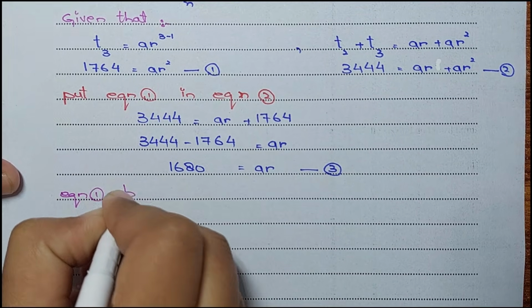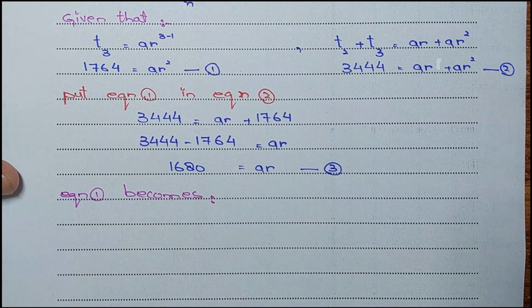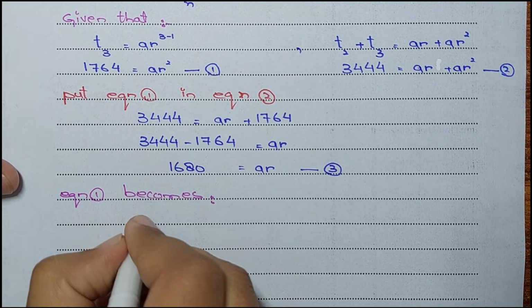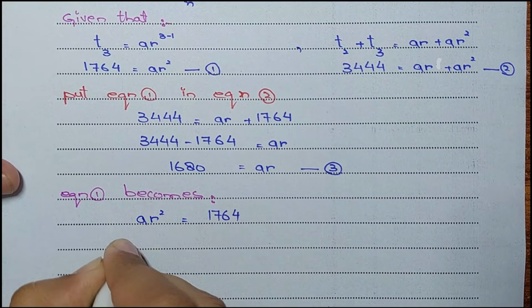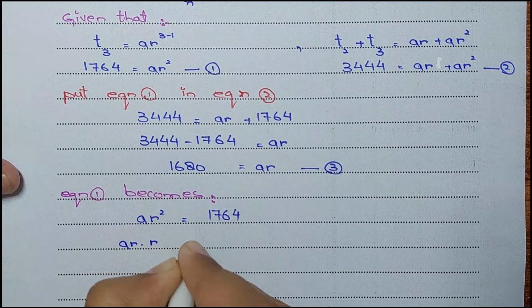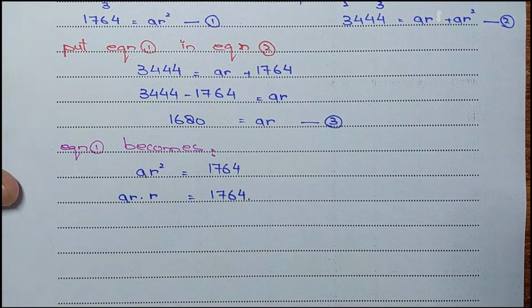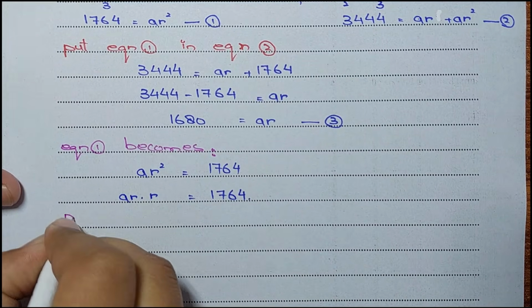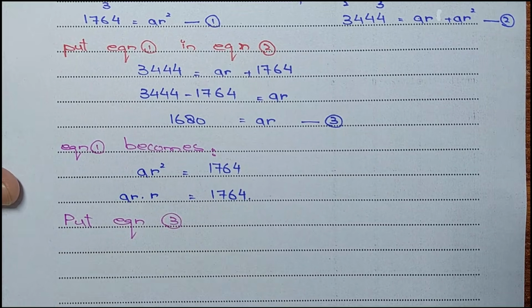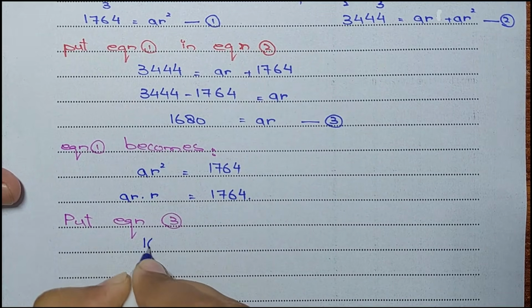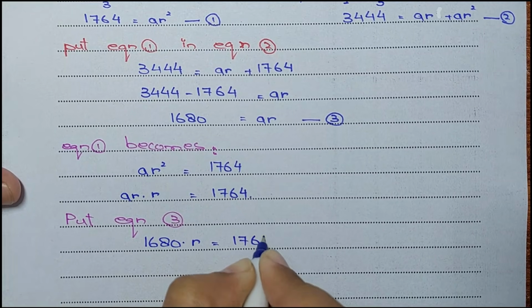Equation 1 becomes ar² equals 1764, so ar into r is 1764. Now ar is equation number 3, so put equation 3: the ar value is 1680, into r is 1764.